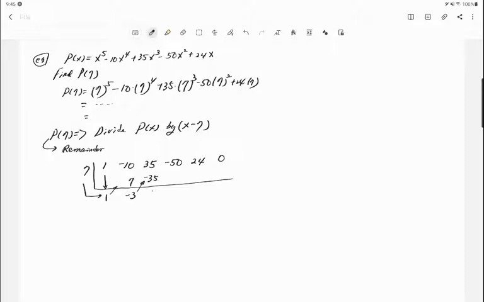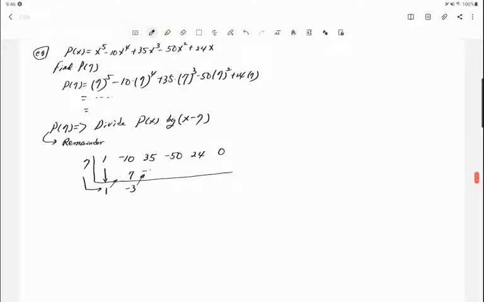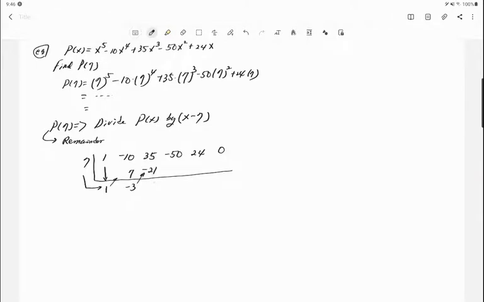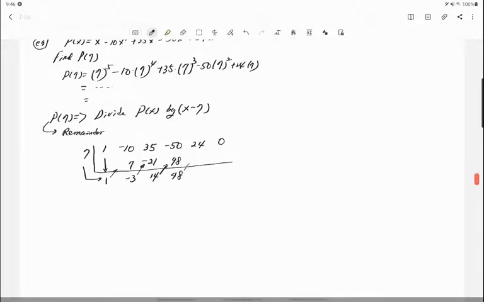Negative 3 times 7 is negative 21. Sorry. Minus 21. So that is 14. And then multiply by 7. Then 98. Then add it. So it's 48. Then multiply by 7.